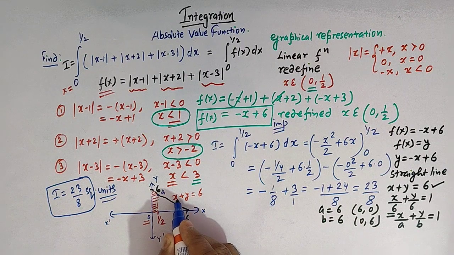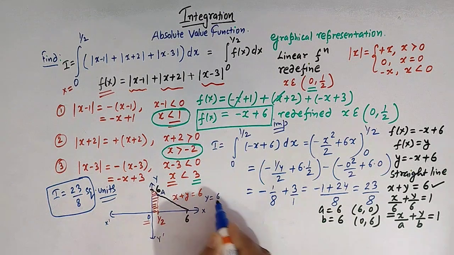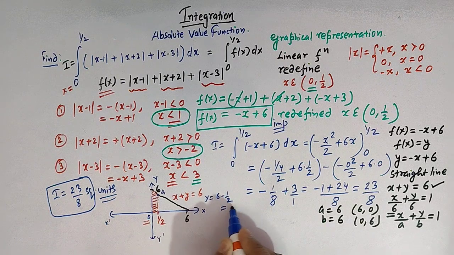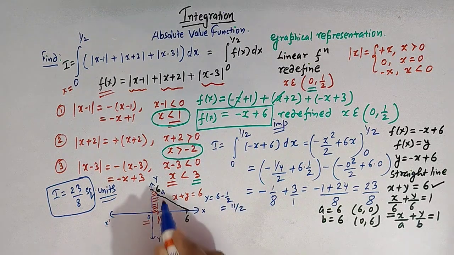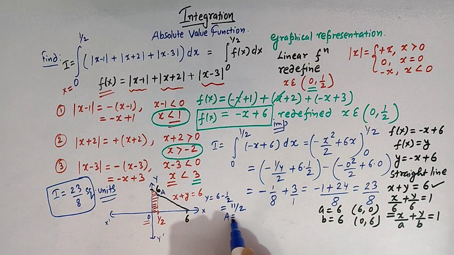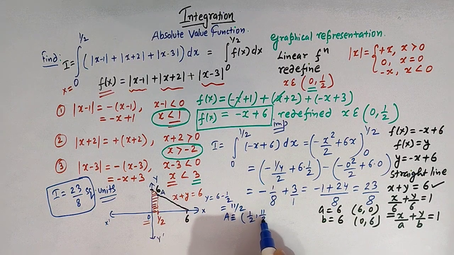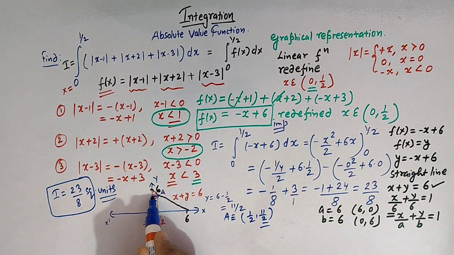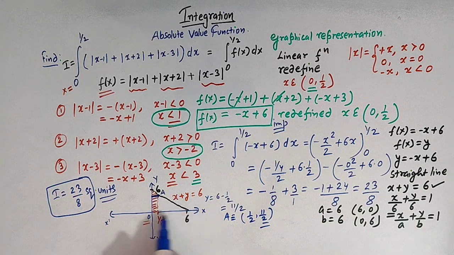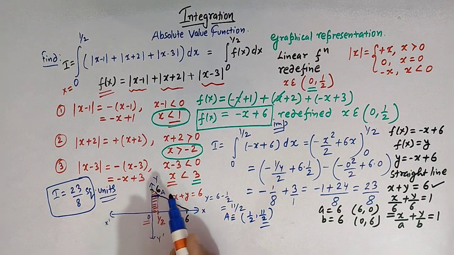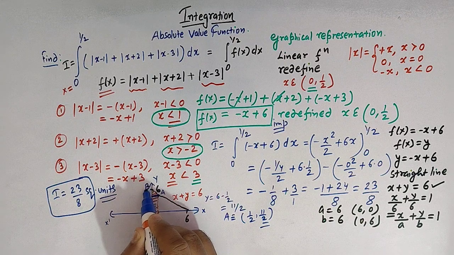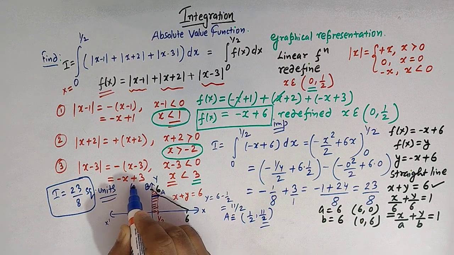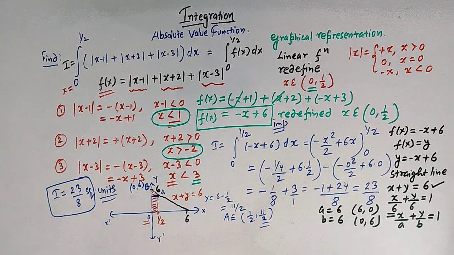So here we take half, so y is 6 minus half, that is 12 minus 1, and that is 11 over 2, right? So the coordinates of A are half and 11 over 2, right? So now we draw a line that is parallel to the x-axis, right? So now here we can take this point as B, which is 0 comma 6, right?